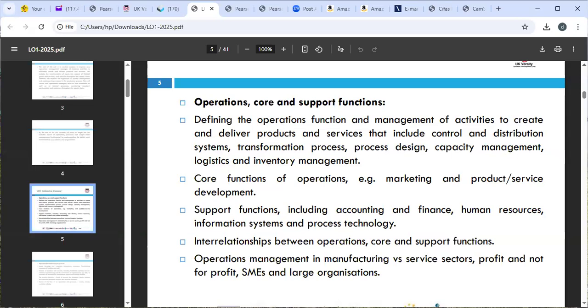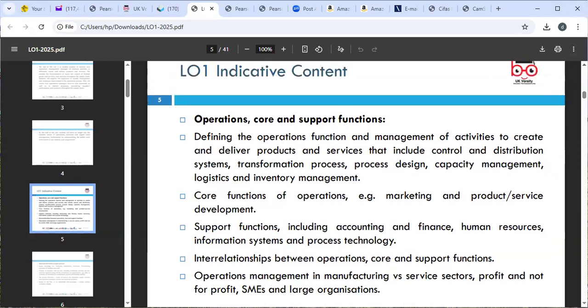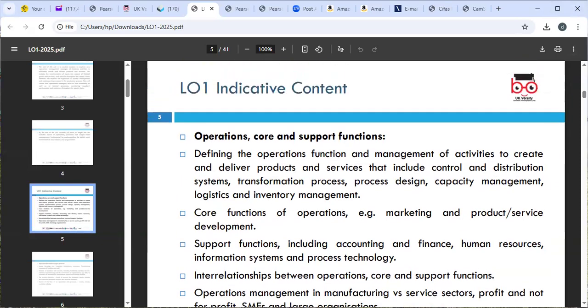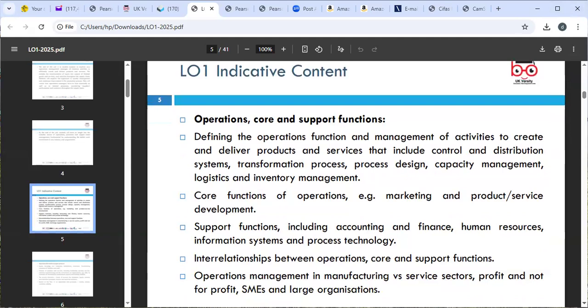Okay, so operations, core, and support functions are one of the key things when it comes to organization. We should first of all define the operations function: management activities to create and deliver products and services, which include control and distribution, system transformation. So if you take a company trying to bake bread, you may have a department that supplies the corn, flour and everything needed for another department.